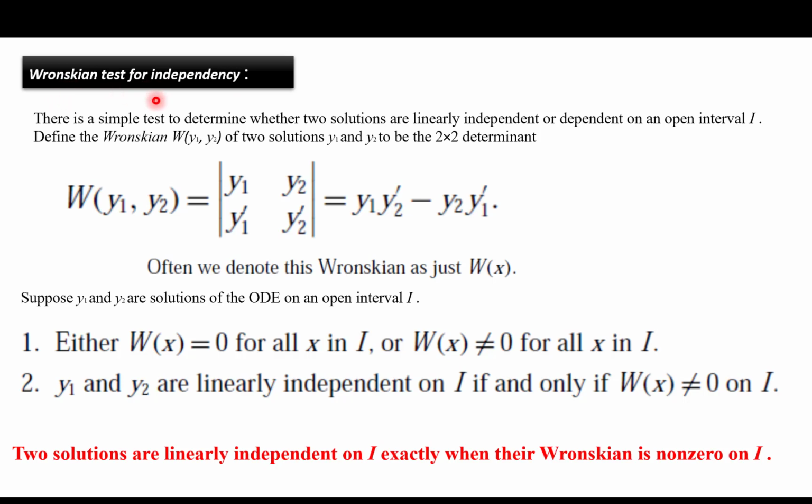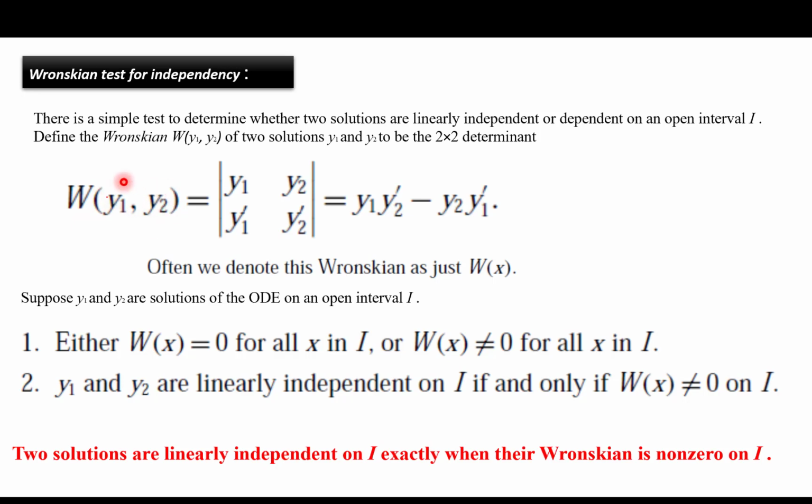So what is the meaning of the Wronskian, how does it work, and how can we check? If we have y1 and y2, which are linear solutions, and we do not yet know whether they are independent or dependent, we have two different solutions of our homogeneous equation.